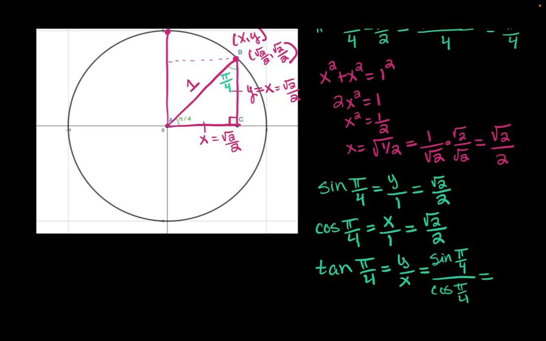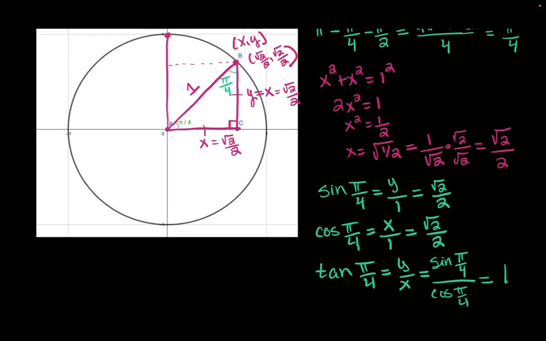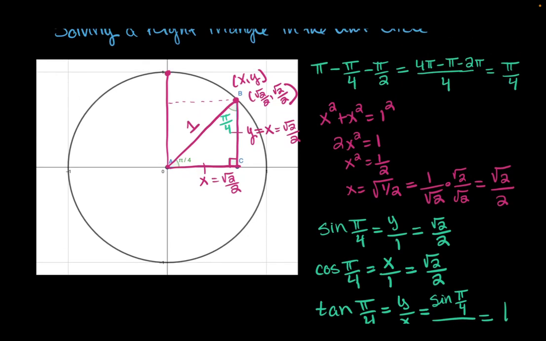And so for tangent of pi over 4, we know that both sine and cosine of pi over 4 are square root of 2 over 2. So square root of 2 over 2 divided by itself is going to give us 1 for tangent. So this point up here, we can also label it as cosine of pi over 4, comma, sine of pi over 4.